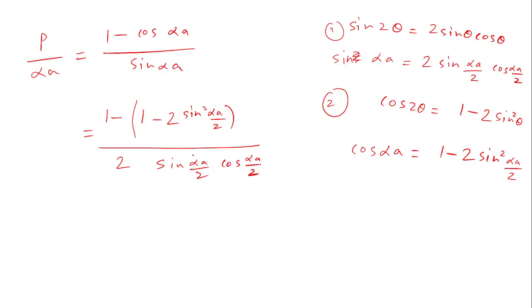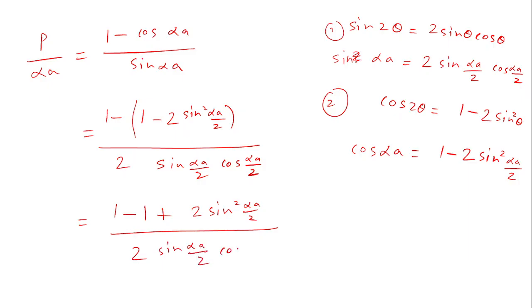When I open these brackets, it will be 1 minus 1, and this will become plus 2 sin square(alpha a by 2), over 2 sin(alpha a by 2) cos(alpha a by 2). 1 minus 1 is 0, so here we'll have only this. The 2 cancels, one sin cancels, and we'll be left with sin(alpha a by 2) in the numerator and cos(alpha a by 2) in the denominator.